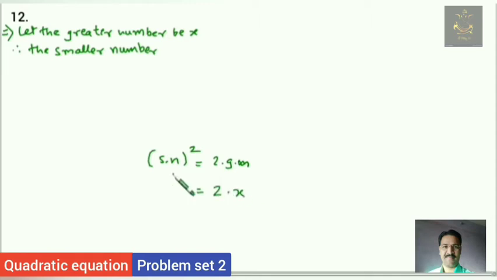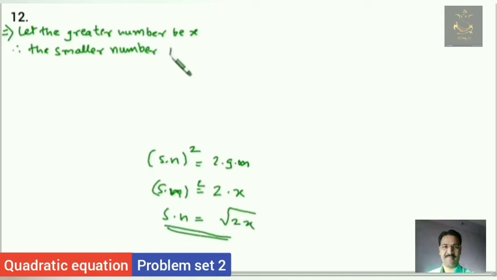What about the smaller number? Here a square is there. We need only the smaller number, which means we have to take the square root. So for the smaller number we have to write root 2x.